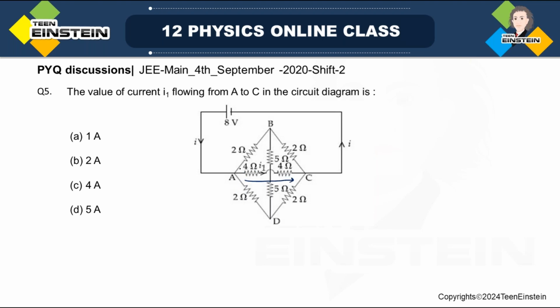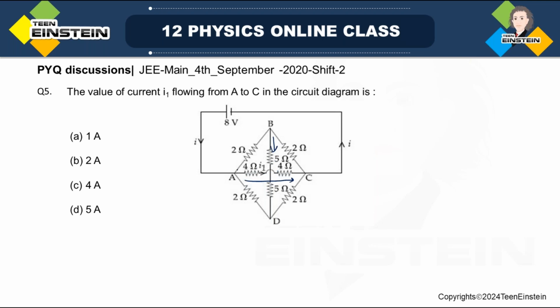As you see here, you have to find out the current I1. For that, you need to know whether there will be current flowing in any other branch or not. At least through this branch, whether there will be current or not. If there is no current, then you will be in a safe position.